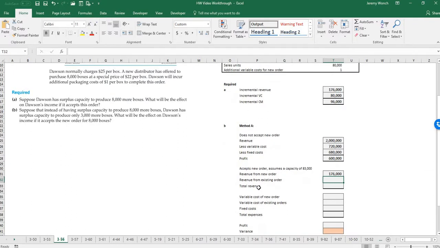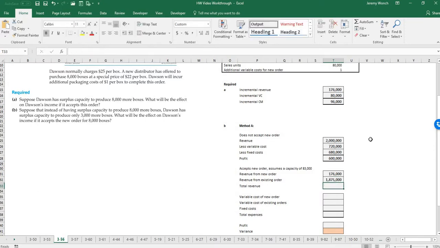And then we want to figure out what our revenue is for existing orders. In this situation, we have a capacity of 83,000 units, but we've used 8,000 with this special deal, this new distributor, times our normal selling price.